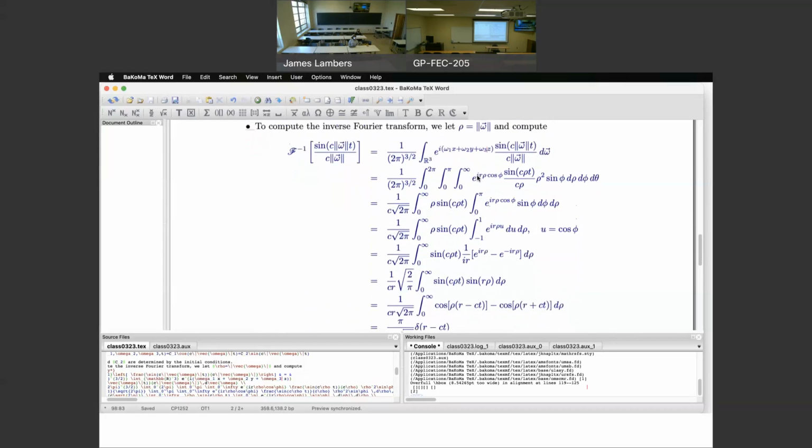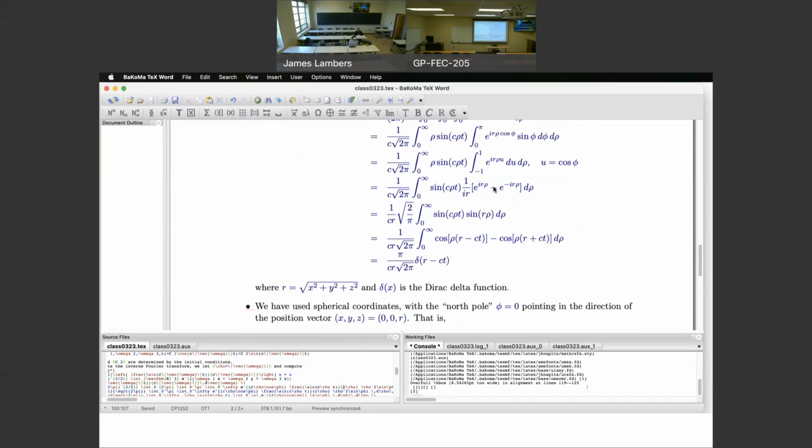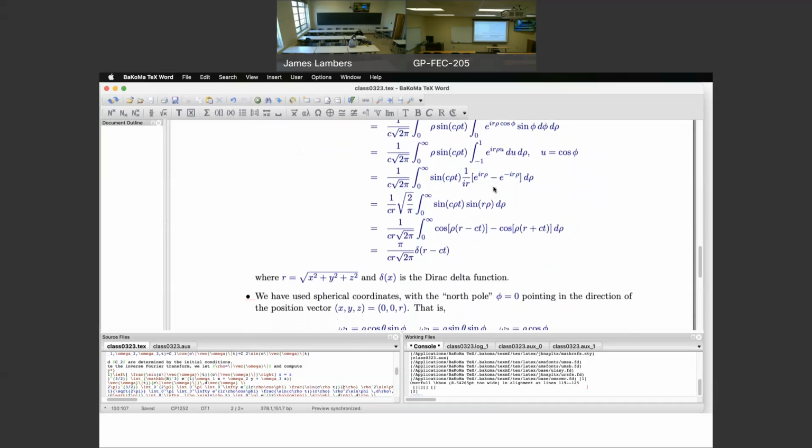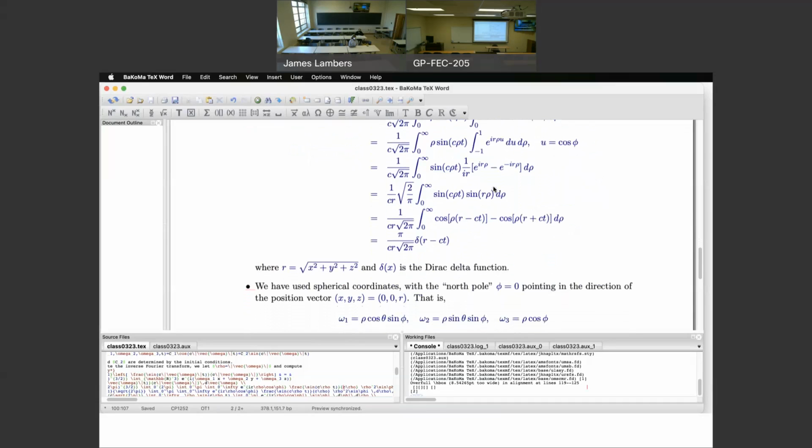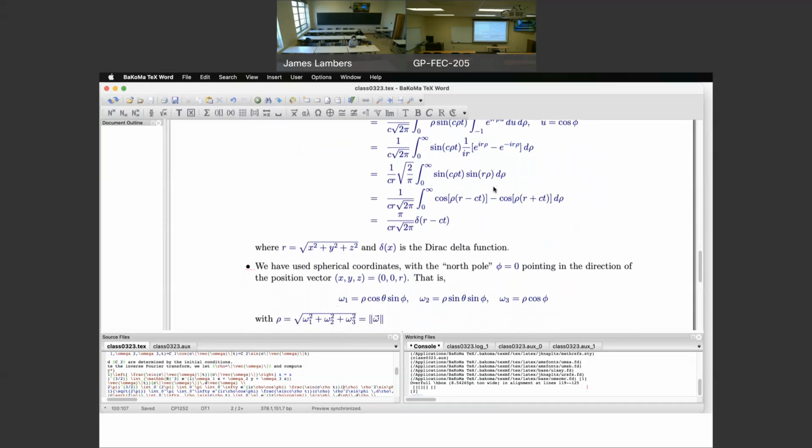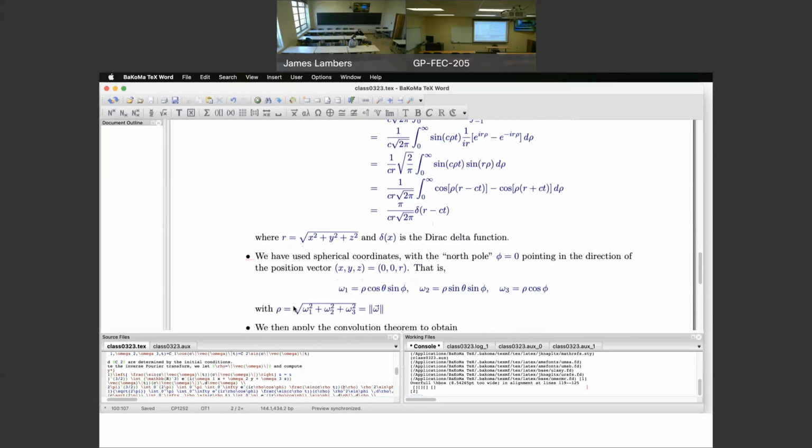That's where, so this exponential, when converted to spherical coordinates, becomes this. Okay. Now, one other explanation I have to give is that it's not just standard spherical coordinates.